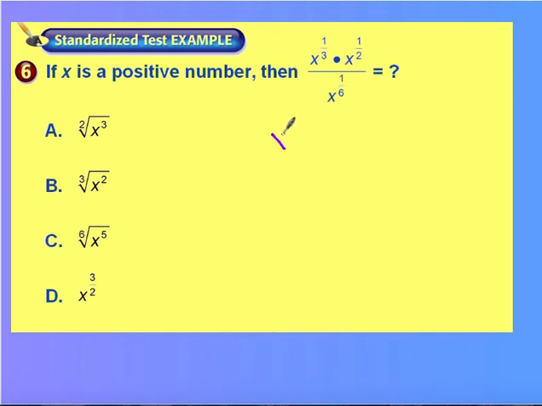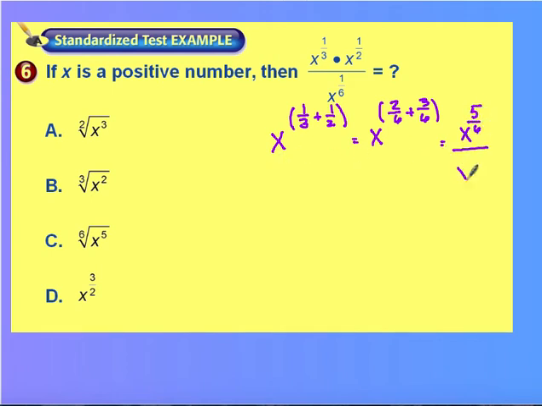So I have repeat the base and add the exponents. Now when adding, I need to have like denominators. So I'm going to make that real quick be 2/6 plus 3/6, giving myself a common denominator of 6. So that's going to simplify to be x to the 5/6 power.